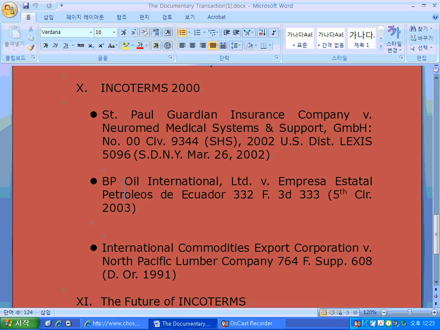And the second case is titled BP International. You might be familiar with news of pollution, ocean pollution, leakage of water.